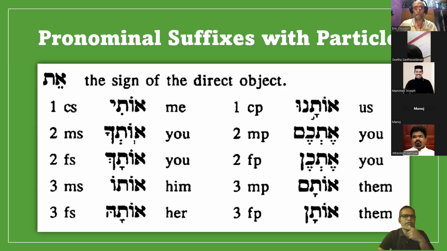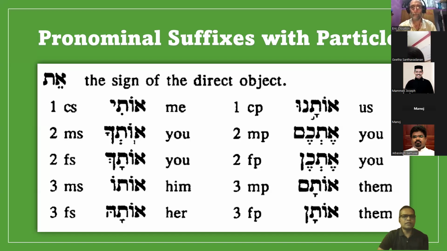For example, if a phrase is starting with a subject, then that means the subject should be emphasized. If it is starting with an object, then the object should be emphasized. Otherwise, in any Hebrew phrase, the word order is verb, subject, and object.